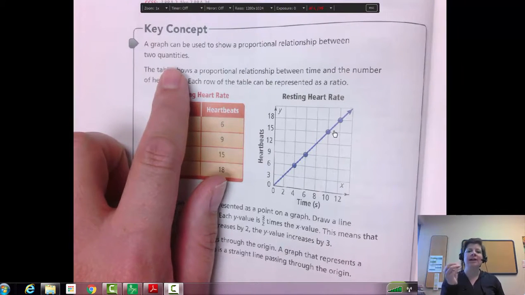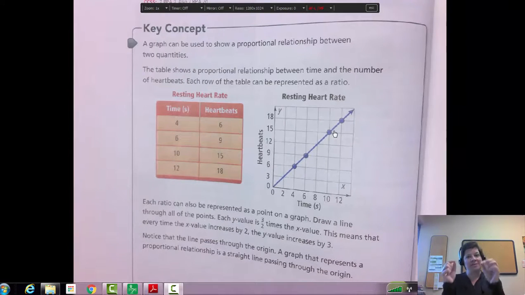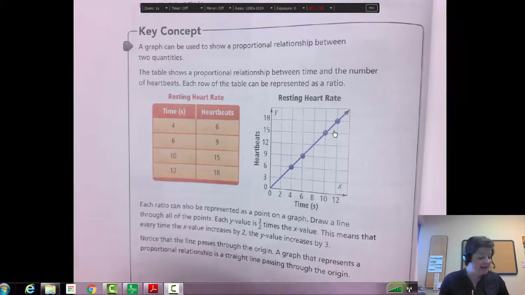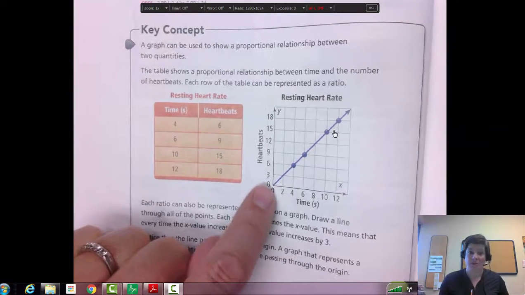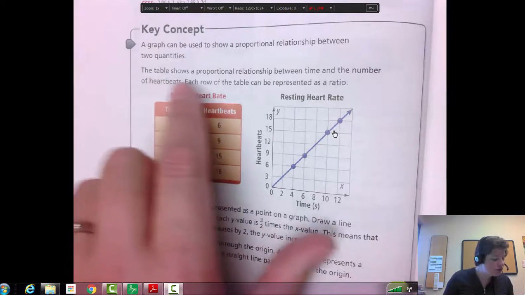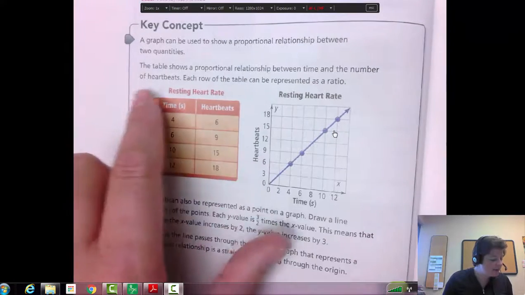Two quantities just means two numbers, right? So we want a proportional relationship. That means the relationship between them stays the same all the way down the graph. In terms of graphing it, that means it forms a line and it has to go through 0, 0, the origin.